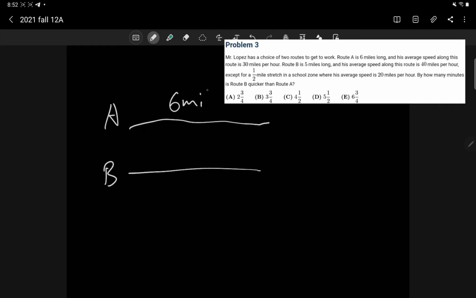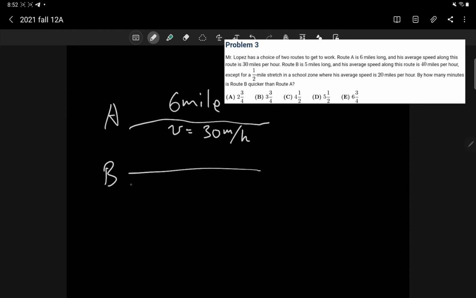Mr. Lopez has a choice of two routes to get to work. I assume it's route A and route B. Route A is 6 miles long, and the speed along this road is 30 miles per hour.